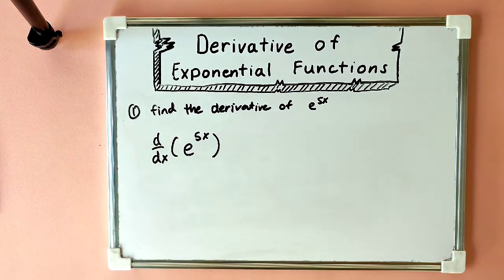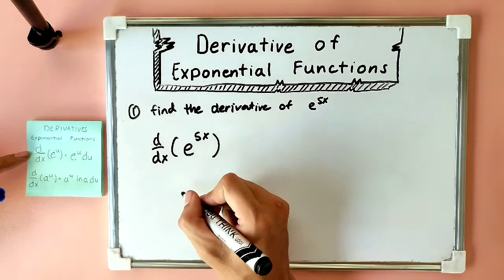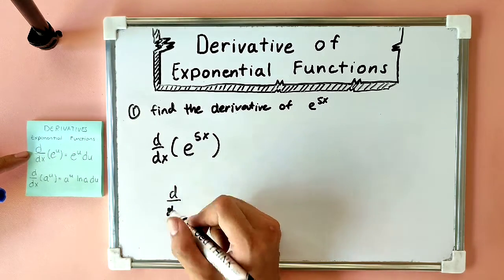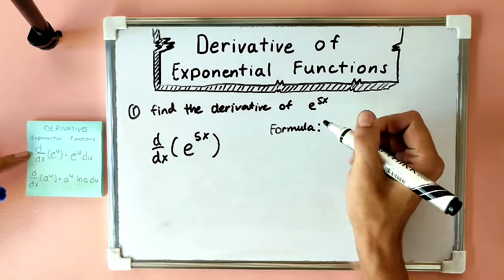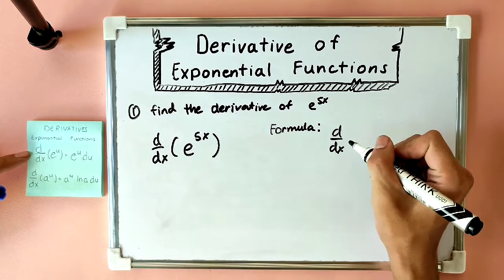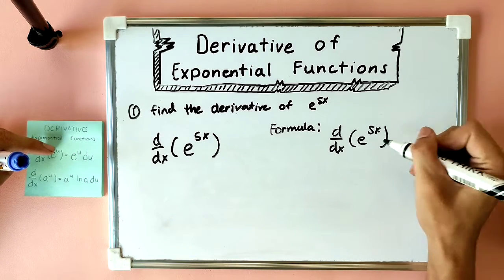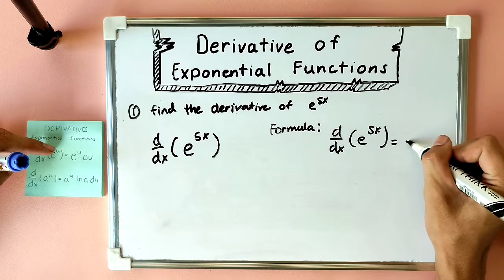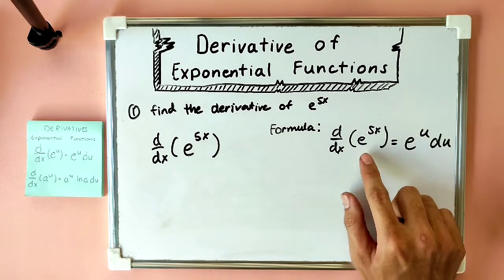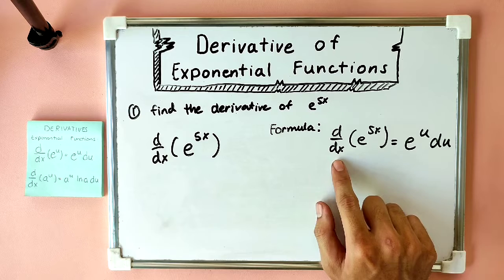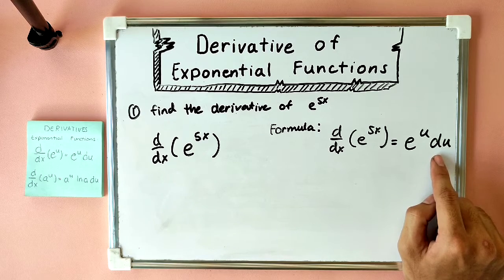So again, ang formula natin ay the derivative of e raised to 5x with respect to x is equals to e raised to u times the derivative of u.